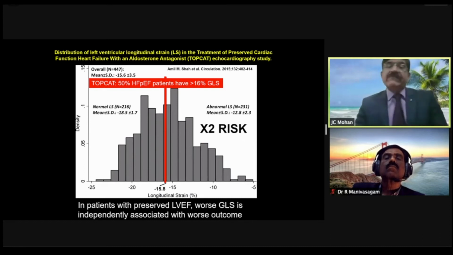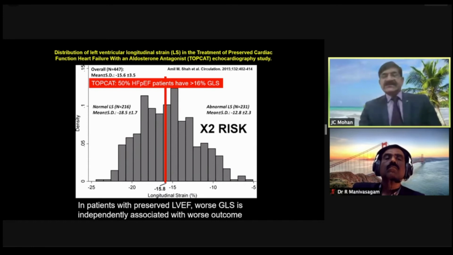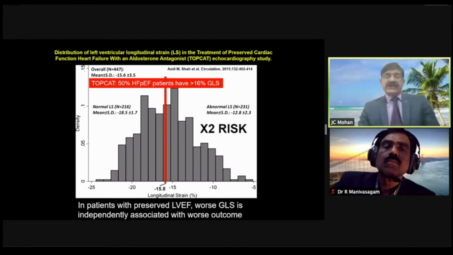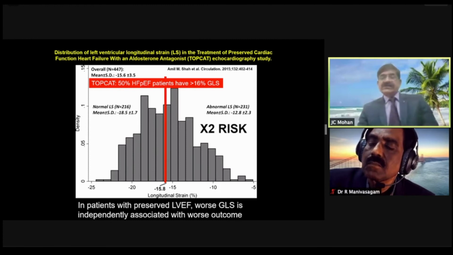This is data from the echo substudy of TOPCAT, and it says that in patients with heart failure with preserved ejection fraction, worse GLS, and here it was less than 15.8%, was independently associated with worse outcome. The outcome was twice as bad in those who had GLS less than 15.8% with HFpEF.